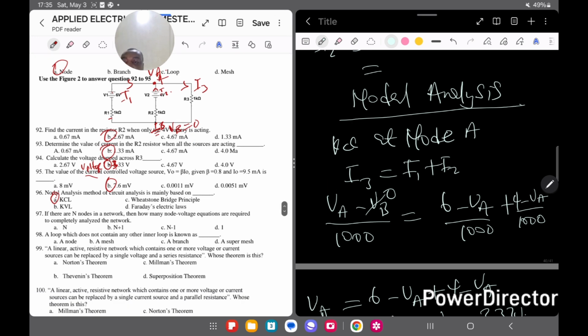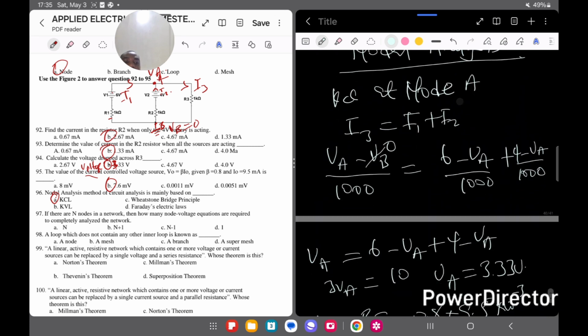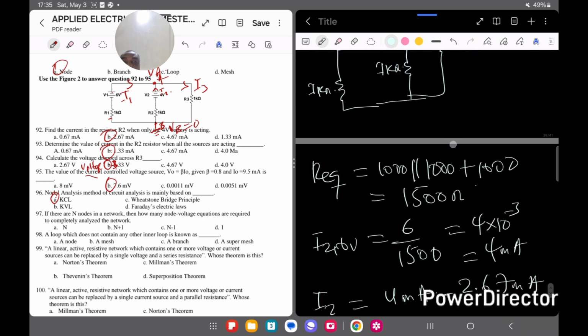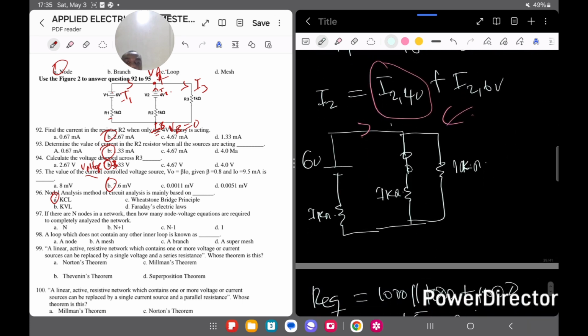If there are n nodes in a network, then how many node voltage equations are required to completely analyze the network? Okay, so like we saw under this question, for example this, or even the figure that we are given here.